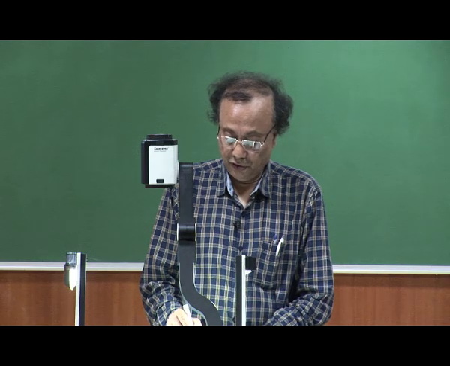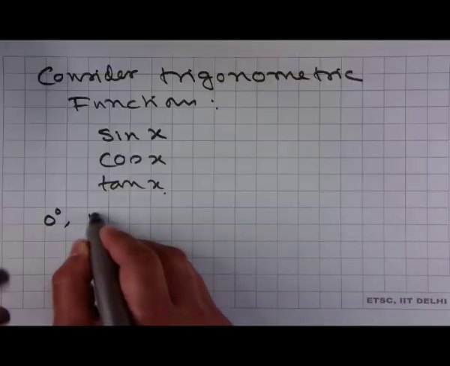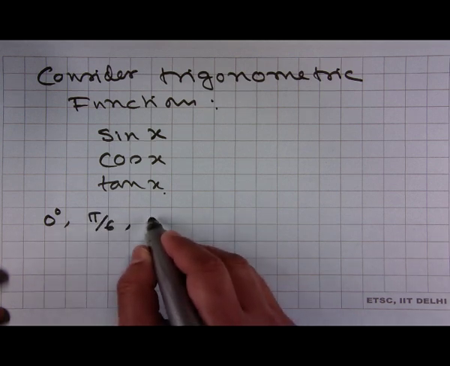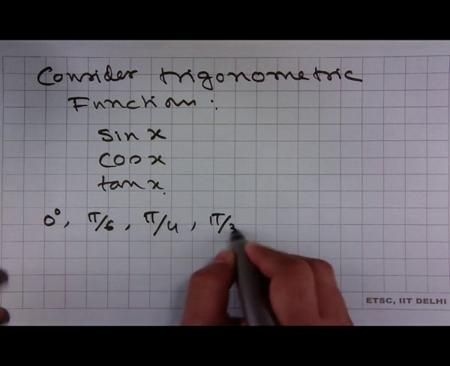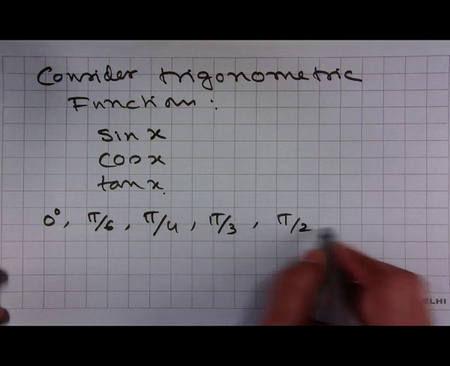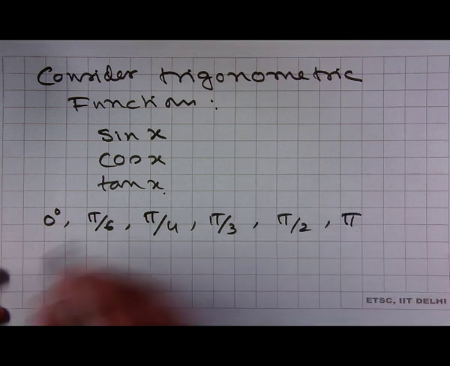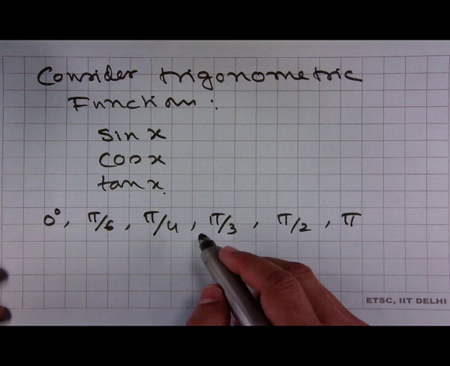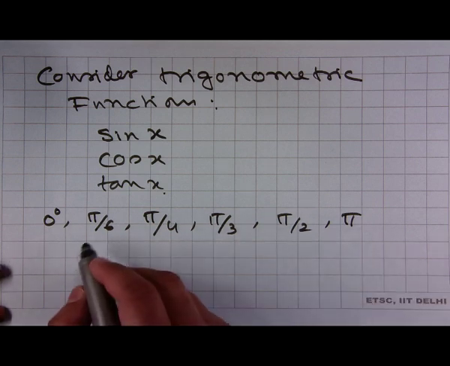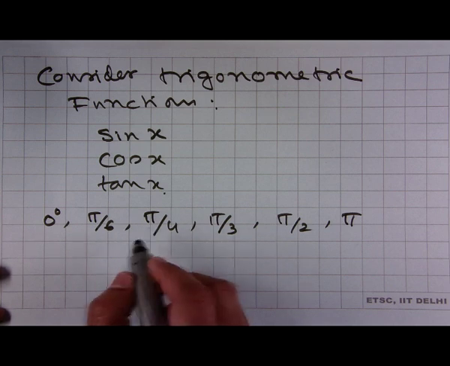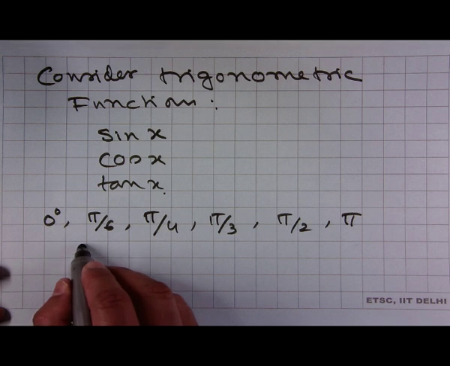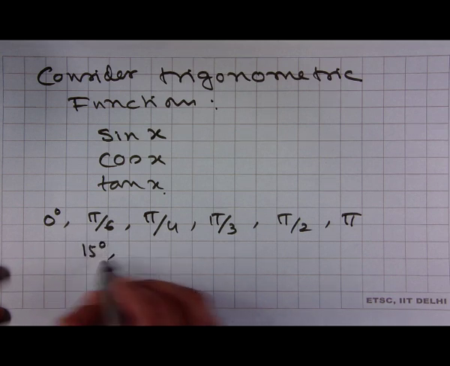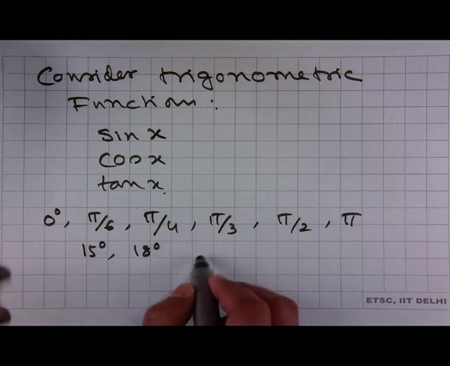We have seen for 0 degree, for pi by 6, for pi by 4, pi by 3, pi by 2 and pi, and typically we work with their multiples, or perhaps with some more trigonometric manipulations we can get for 15 degrees, 18 degrees, etc.